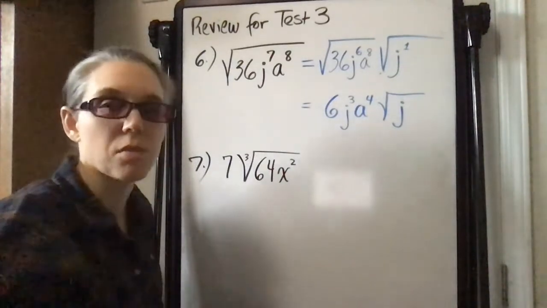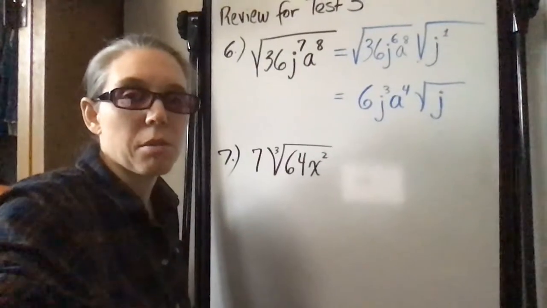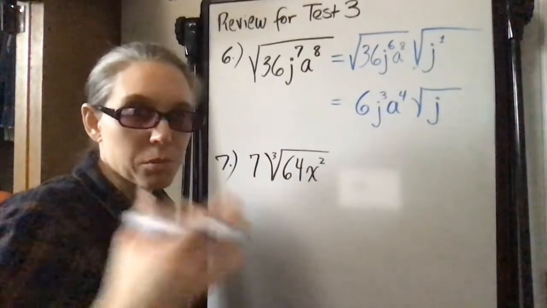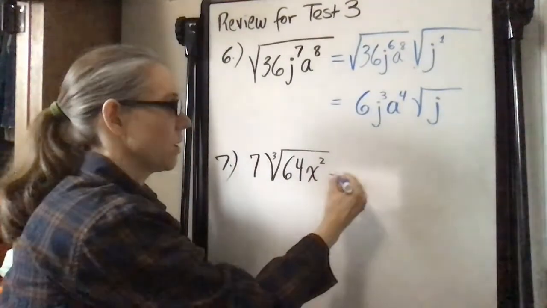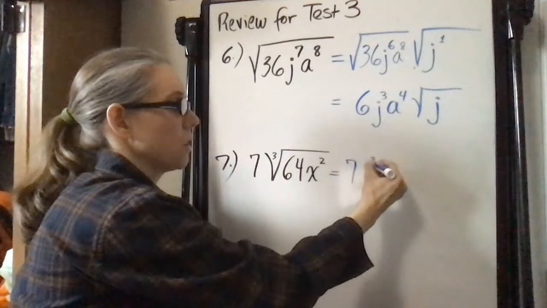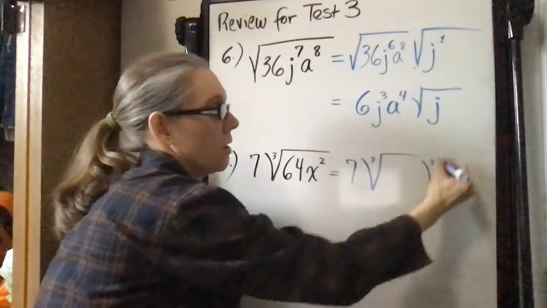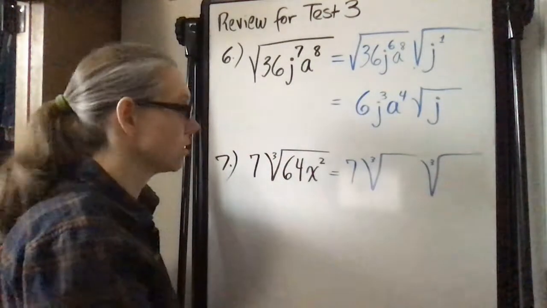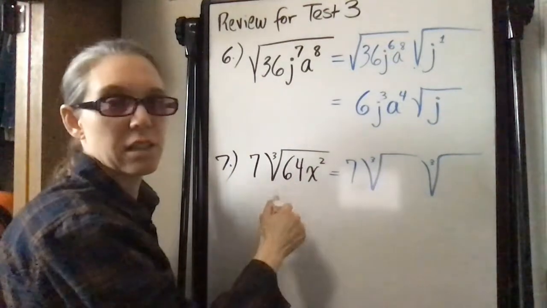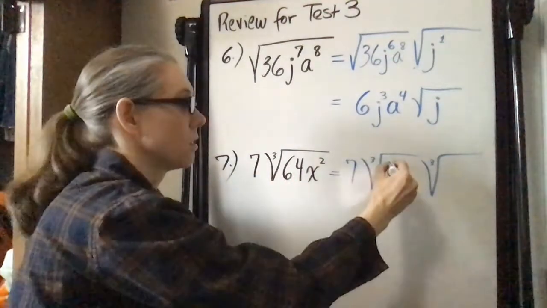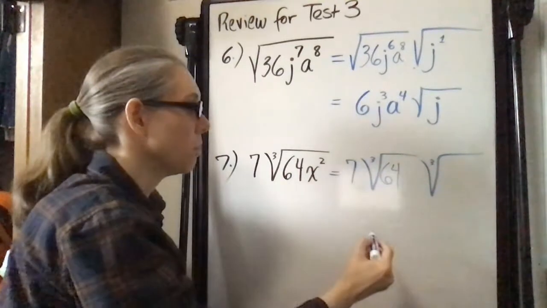Pretty straightforward. For the cube root problem, you get a multiple choice problem. We can use the same approach, though. We're going to split this into 2 separate radicals. 64 is 4 times 4 times 4, so 64 is a perfect cube.